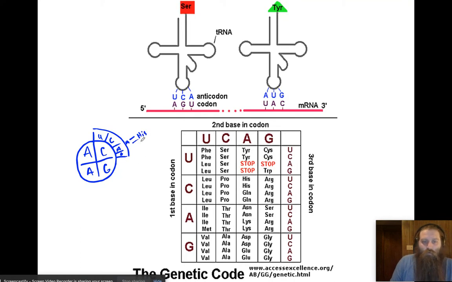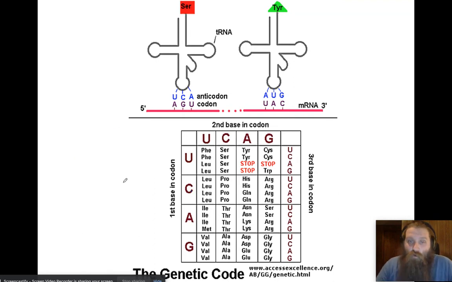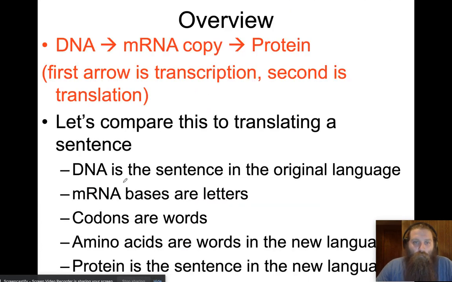And then you just start in the middle and go out. So C, G, U would be cysteine. There we go. So it just kind of works its way out. So there's a lot of different charts that you might see, and all of them can be used to figure out what amino acid sequence you're going to end up with.